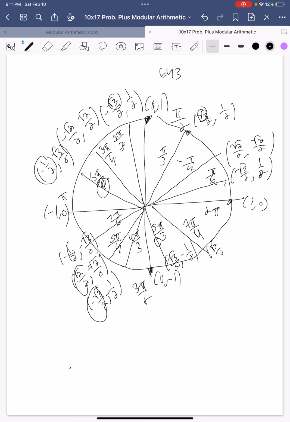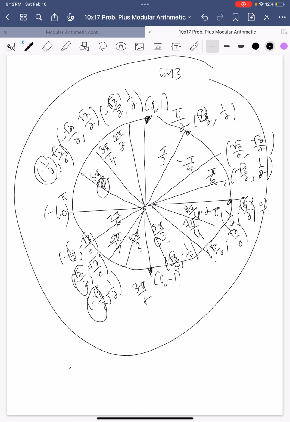So root 2 over 2, negative root 2 over 2, and then finally 11 pi over 6, because that's 3, 4, 6, meaning something with a denominator of 6 that's greater than 3 pi over 2, but less than 2 pi, and cannot be simplified. So that's 11 pi over 6, and the coordinates are, once again, 3, 2, and we go to 1. So it's going to be 1/2, negative root 3 over 2, and we're done.